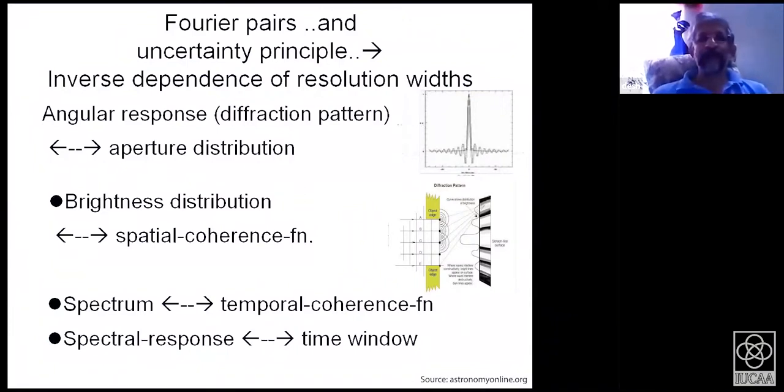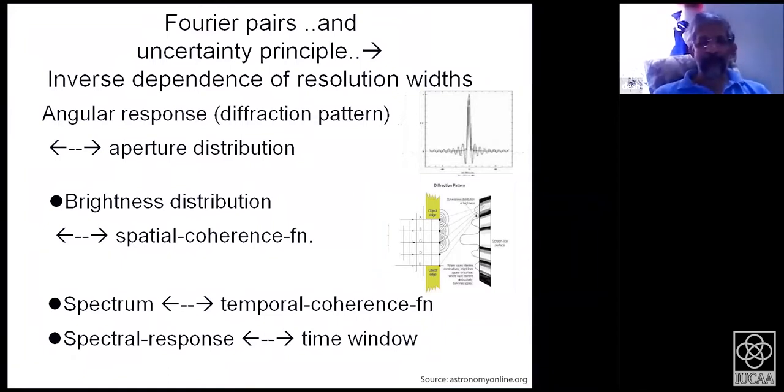And again, I stress there is an inverse dependence of the resolution widths or the scales on which variations are seen. You will find that diffraction pattern and aperture distributions are related in this inverse fashion. And so is the brightness distribution and the spatial coherence function, which is the main topic of this course.